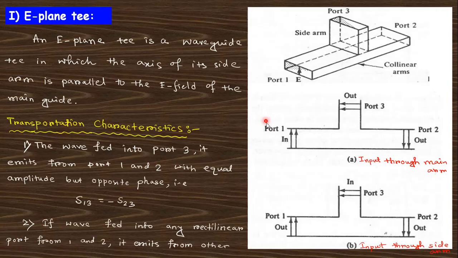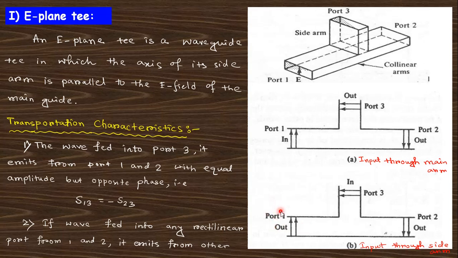That means if we match this using the tuner or the window, when we put the microwave in port 3, it cannot be emitted through port 3, right? So S33 will be 0. Similarly, when we put the microwave in through port 1, it cannot be emitted from port 1.